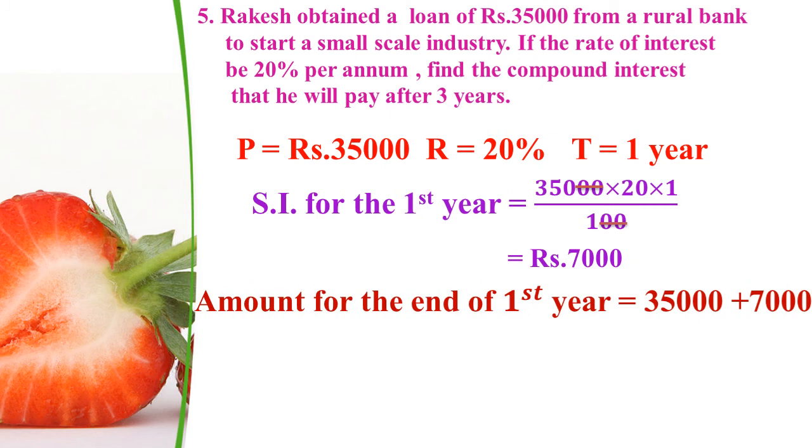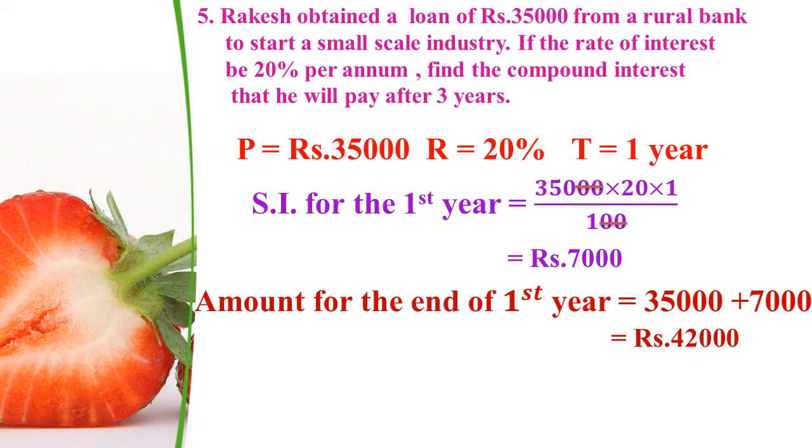Amount for the end of first year is principal plus simple interest. Here principal is rupees 35,000. Simple interest for the first year is rupees 7,000. So 35,000 plus 7,000. Amount for the end of first year is rupees 42,000.